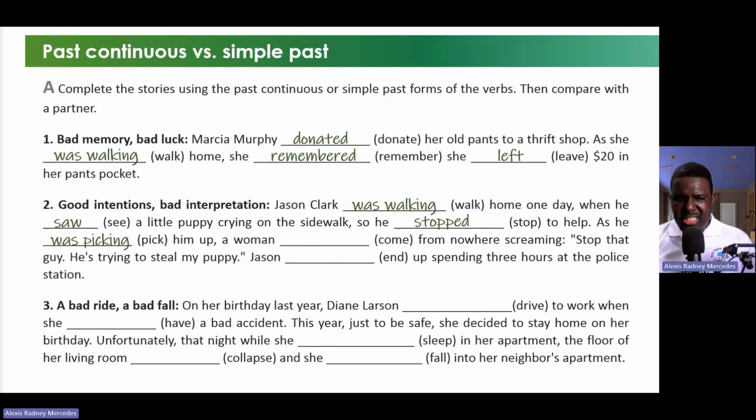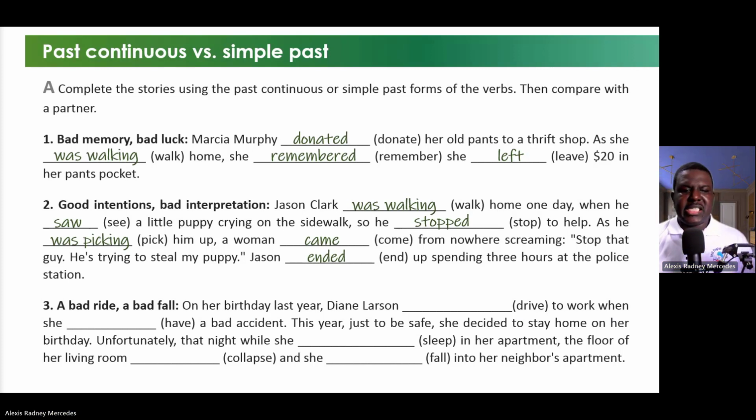As he was picking him up, a woman came from nowhere screaming, "Stop that guy! He's trying to steal my puppy!" Jason ended up spending 3 hours at the police station. Wow. Bad interpretation, good intention.